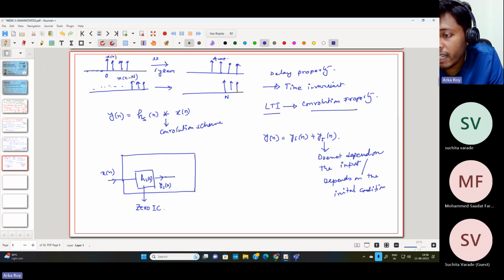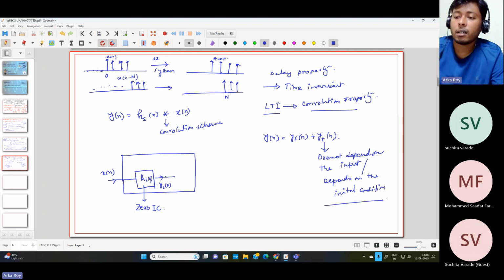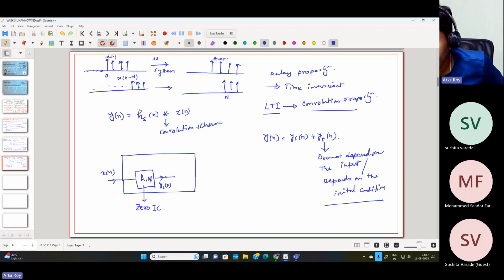So from this itself, we can conclude that even if we don't provide any input, let us consider at n equals 0 there is no component of the input, still, as the previous initial conditions are already available, it will provide some output. That means y_t(n) will have some particular value even if the input is not present. Therefore, we can consider that the system is time varying.